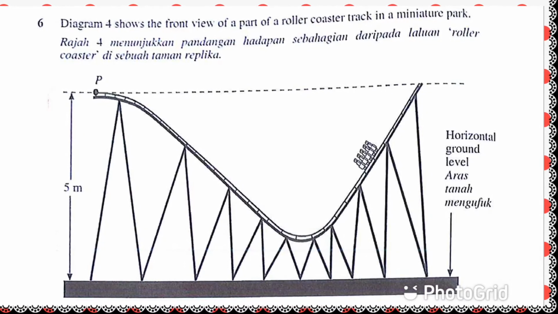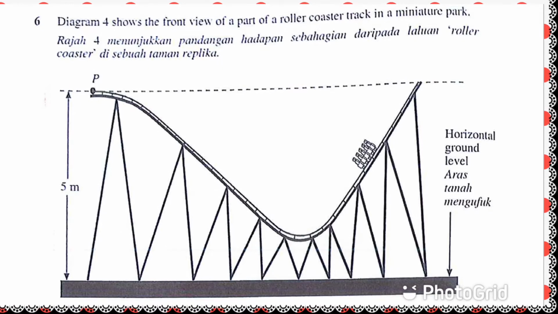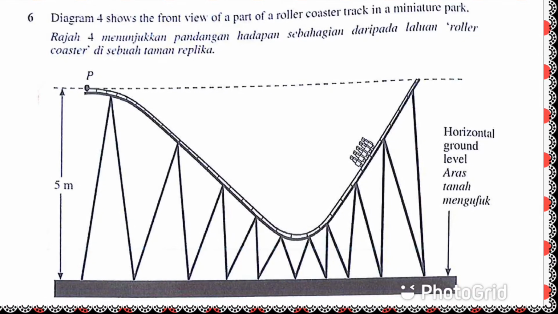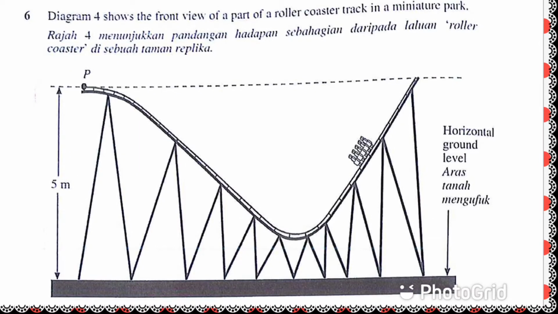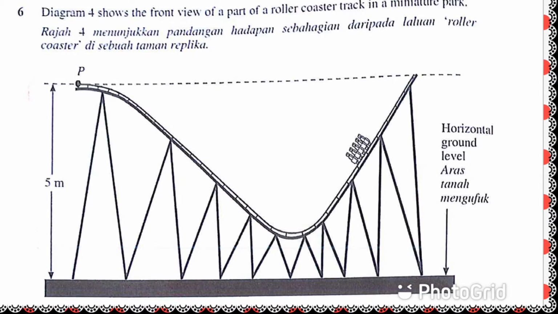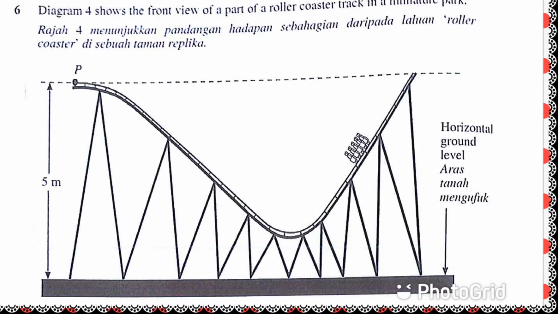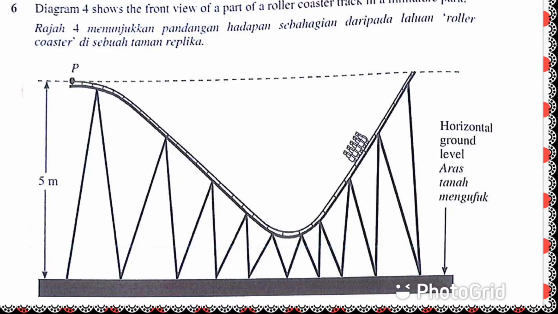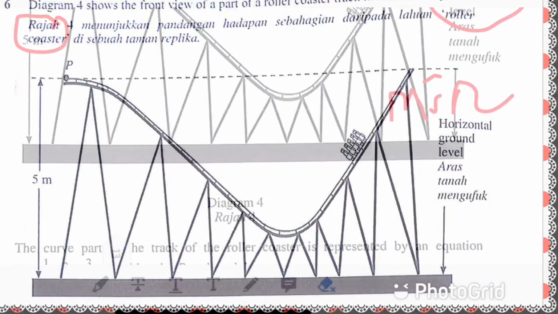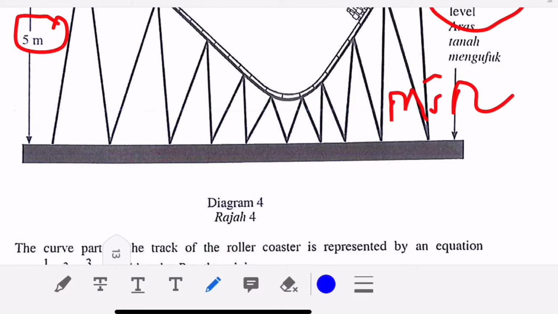When you see distance, your immediate response is it must be positive, unless it's displacement. Distance means a modulus, so it should be a positive value. The part that I colored in blue is the distance that you need to find for this question.